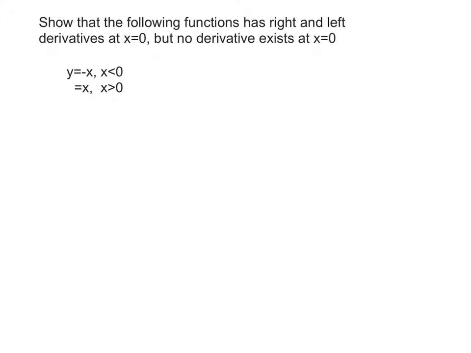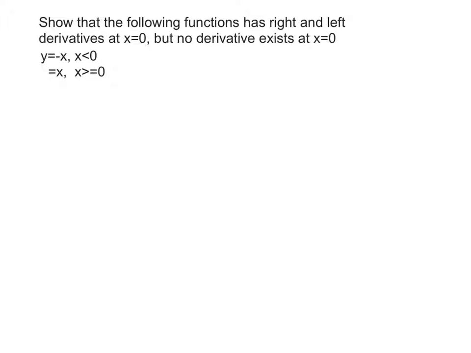Got to do the other side. So now I'm going to take the limit as h approaches 0 from the right-hand side, so I got to go to the second piece here, which is going to give me 0 plus h minus 0 all over h.